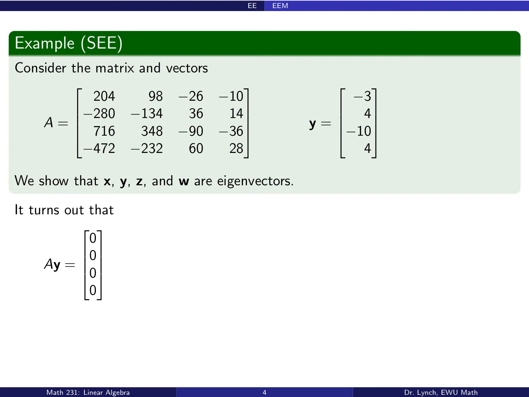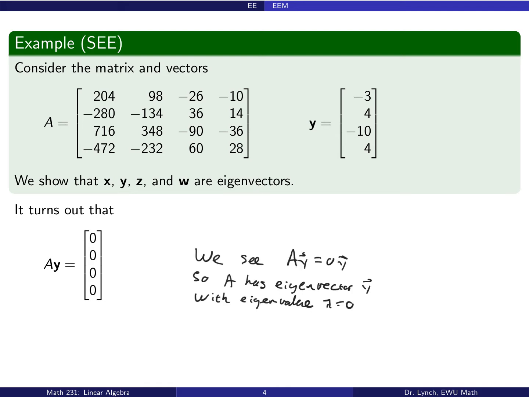Okay, here's another one. It turns out that this vector y has A times y equals the 0 vector. So this doesn't immediately remind you perhaps of an eigenvalue, but certainly A times y is 0 times y. We say that A has eigenvector y with eigenvalue 0.